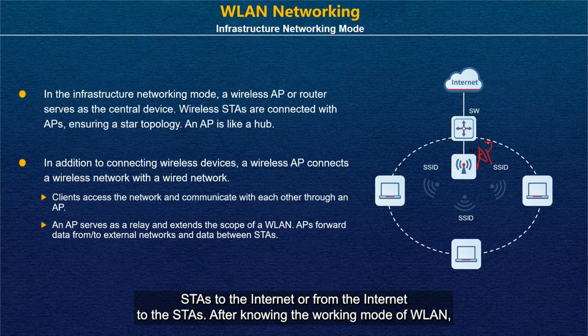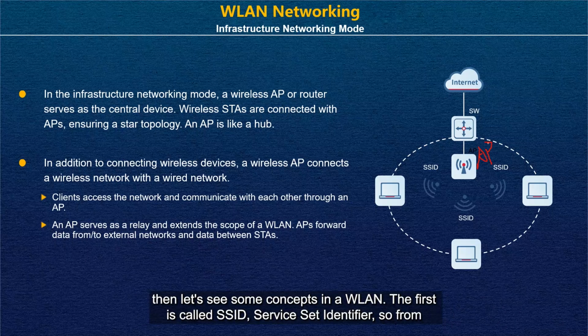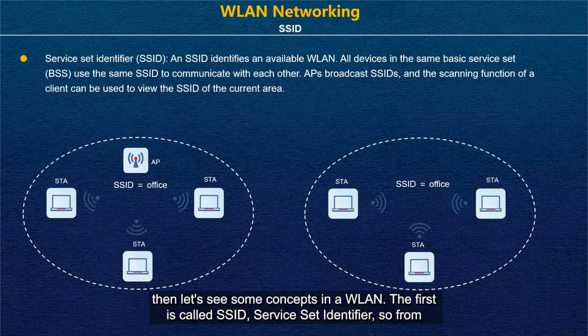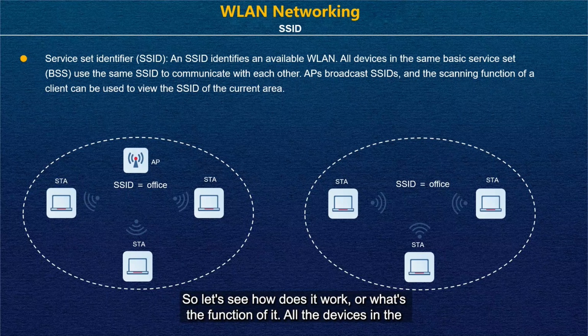After knowing the working modes of WLAN, let's see some concepts in a WLAN. The first is called SSID, Service Set Identifier. From the name, we can know that since it's an ID, it's used to identify a network. Let's see what its function is.